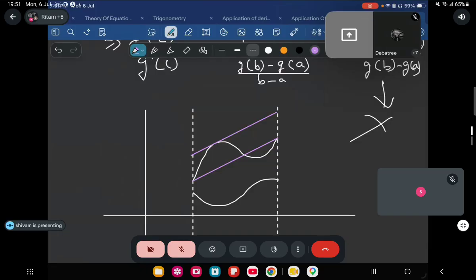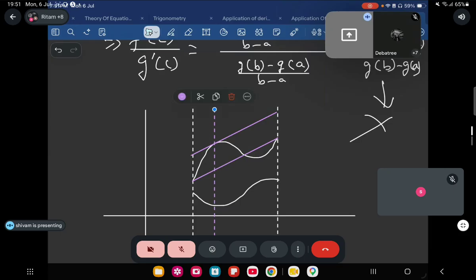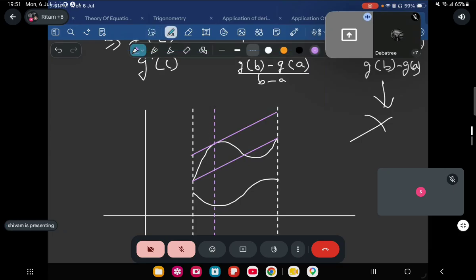So everyone pay attention. At this point, if I draw the tangent for g of x, let us call this f of x, I want to draw the tangent for g of x.